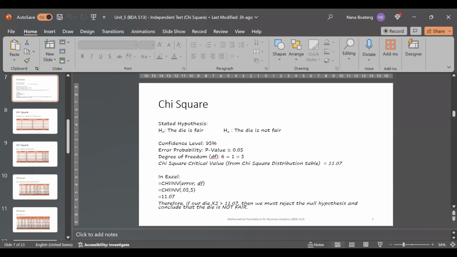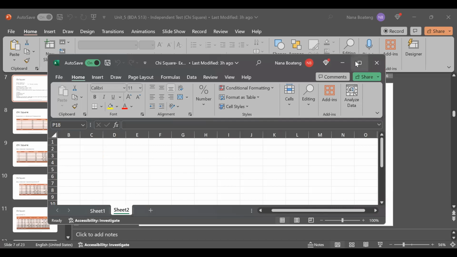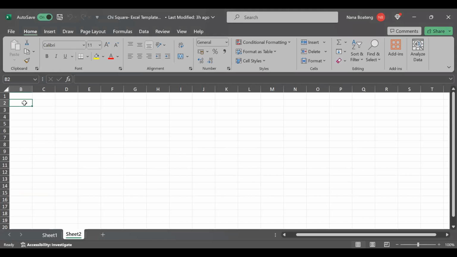So let me open it. Can you see my screen? Yes. It's an empty worksheet, isn't it? Yes.